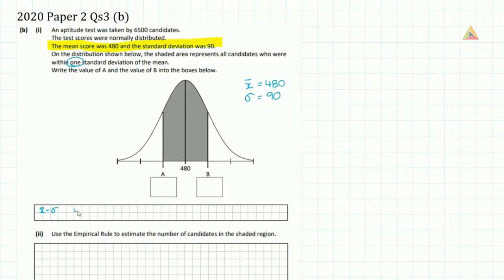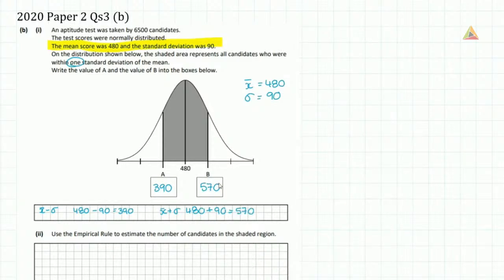So we're going to be saying our mean is 480 minus our standard deviation of 90, and that's going to give us a figure of 390. So we'll fill that into box A. And box B is going to be our mean plus our standard deviation. So that's going to be 480 plus 90, and that's going to give us a value of 570. So there are values of A and B, and we calculate those just by using our empirical rule.